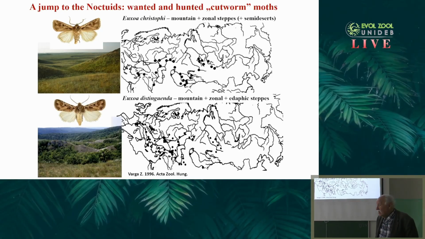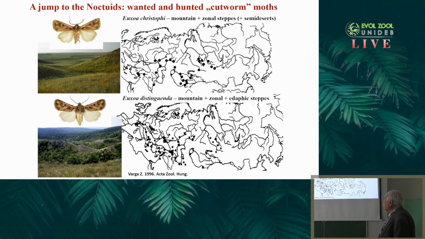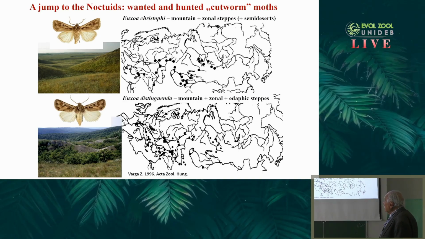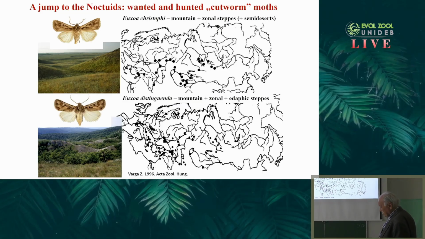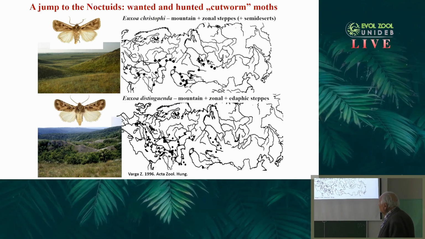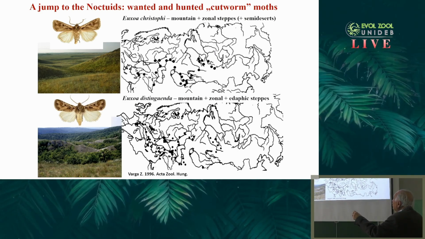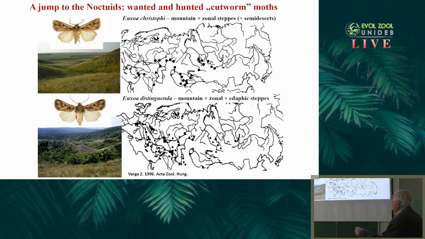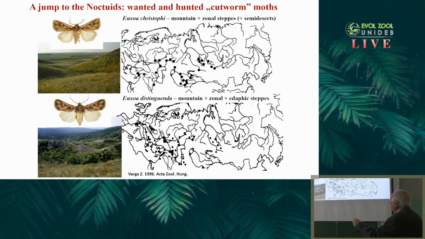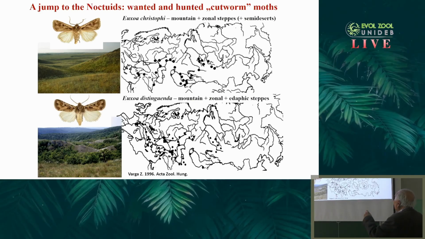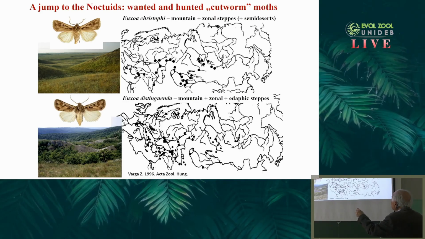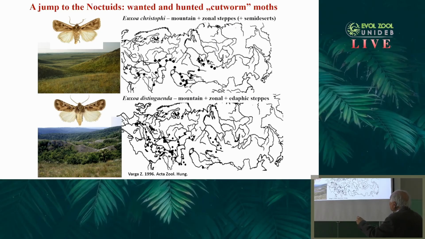And now, the animals, the noctuid moths. I have mentioned that these noctuid moths are mostly connected with steppic habitats, mountain steppic habitats, or mostly mountain rupicolous formations. The areas of this species are greatly similar.